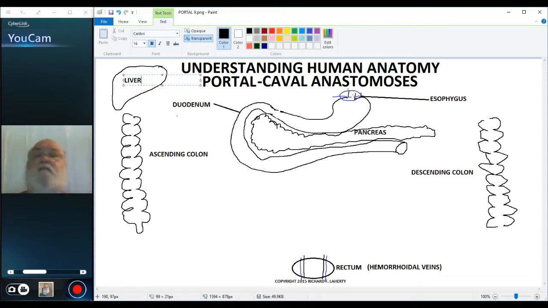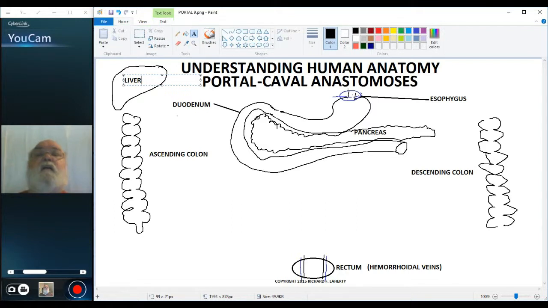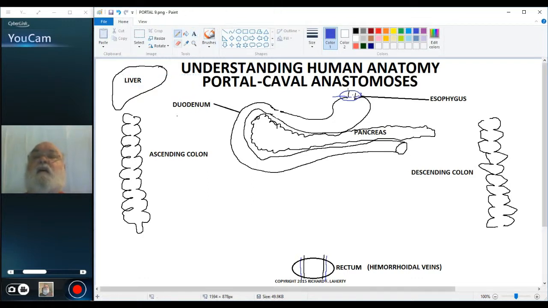And then from the liver, let me indicate the para-umbilical veins.